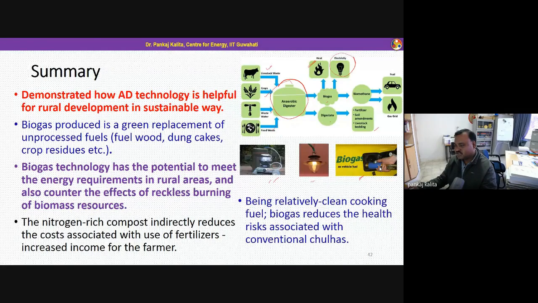Okay, that's how it is so important, because in the rural places you can see a lot of chulhas having very low efficiencies of conversion. So you can see only smoke, a lesser amount of flame. If you can give this kind of improved technology to those people, then hopefully their quality of living will be improved, and they can minimize a lot of health issues associated with it.